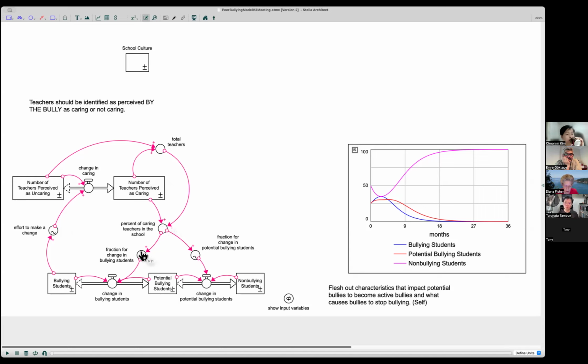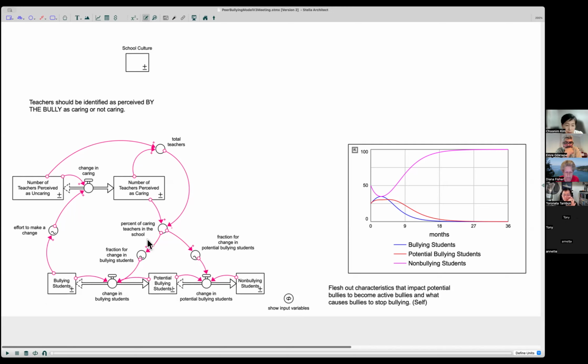And the percent determines, this is a graph here, the percent determines whether bullying students quit bullying, they could start bullying again, but whether these students move to the right or the potential bullies move to the left. It depends on this particular graph to help decide which way they're moving.